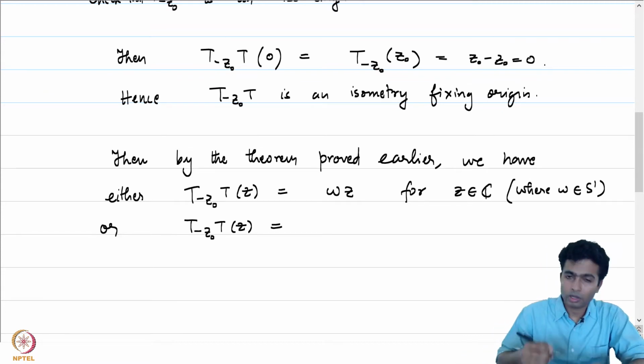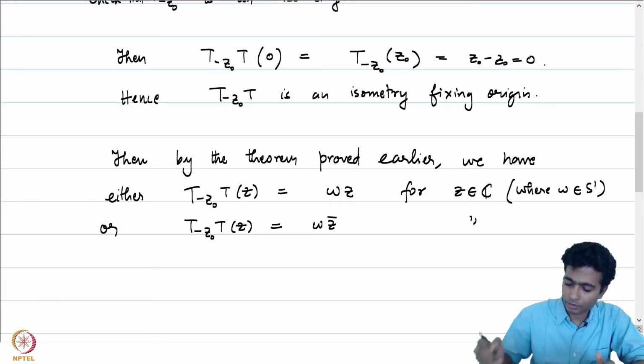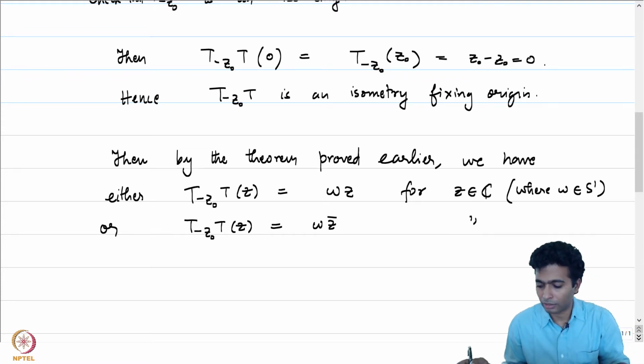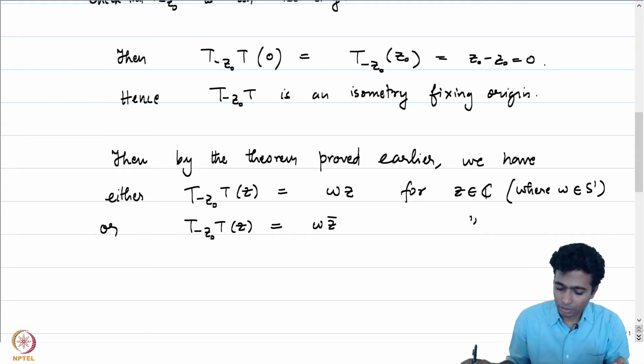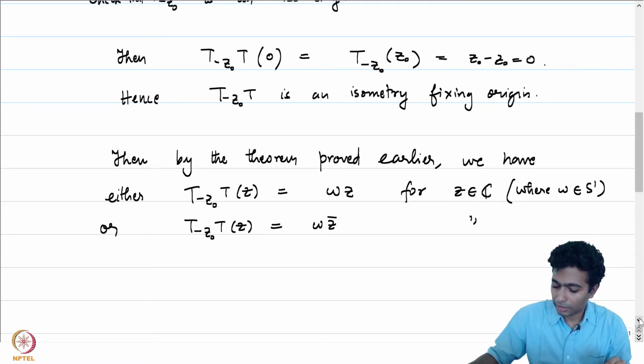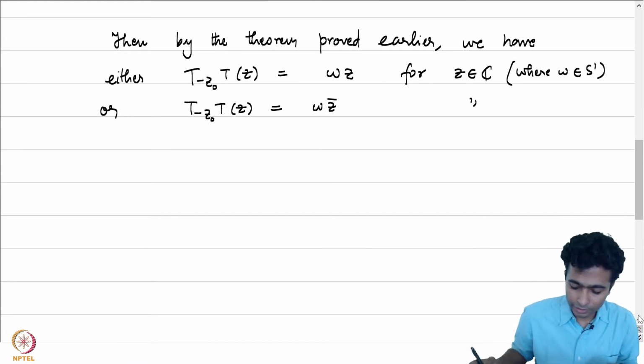Similarly, the other alternative is that it is omega times z bar, where again omega is some fixed element in S1, a phase. So these are the only two possibilities for T minus z0 composed with T, because we already know what the isometries fixing the origin are.